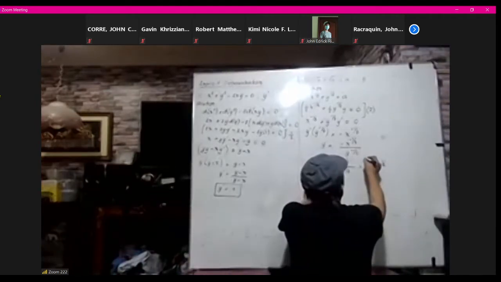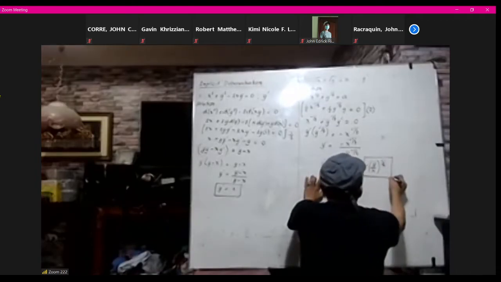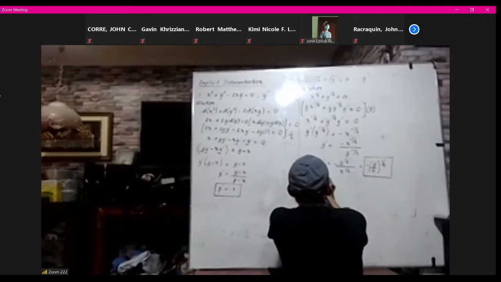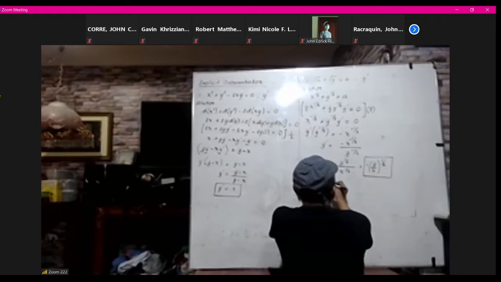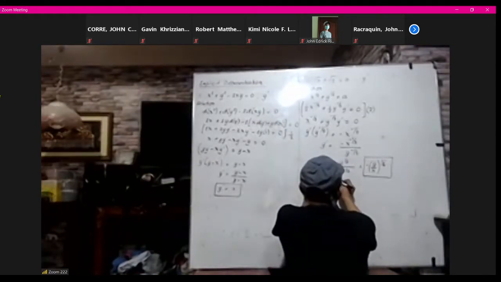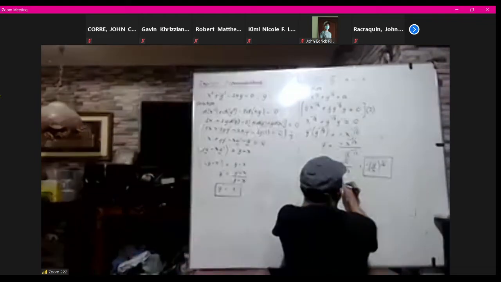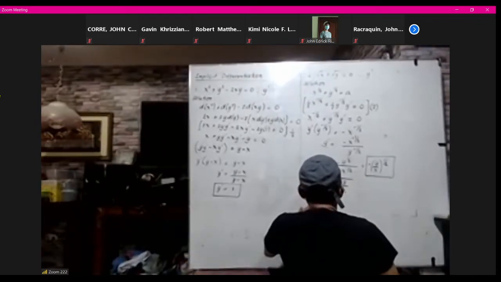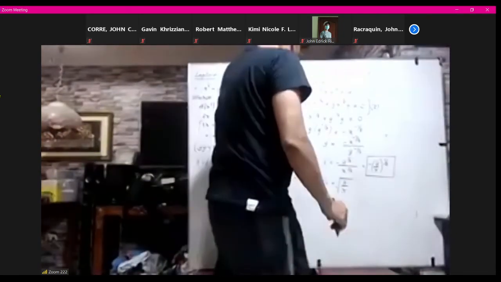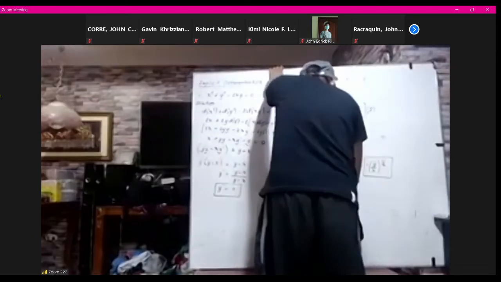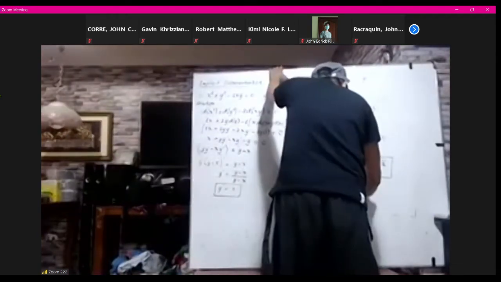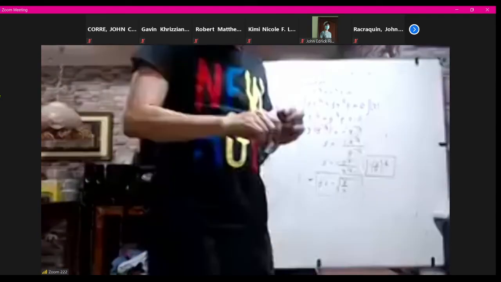Okay, so yung sagot. Or pwede rin natin sagot ay derivative of y is equal to negative square root of y over x. Yan. Okay, pwede rin ito. Okay? Sige, copy muna.